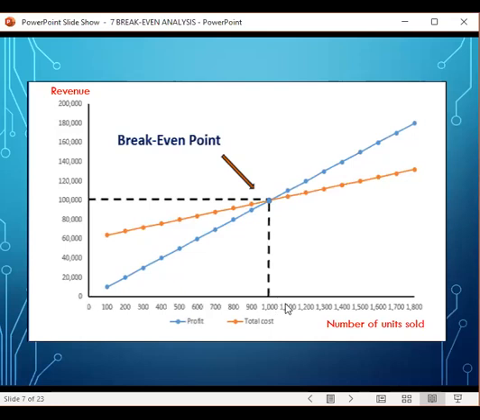Meaning, when you sold 1,000 pesos, the revenue will be 100,000 pesos. And it means also, because that is the break-even point, there is no loss and there is no profit. Okay, that's the break-even point.